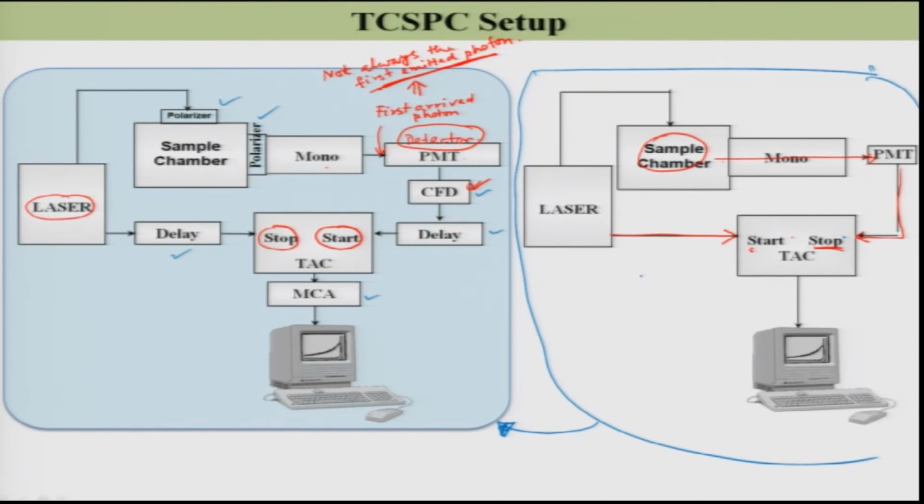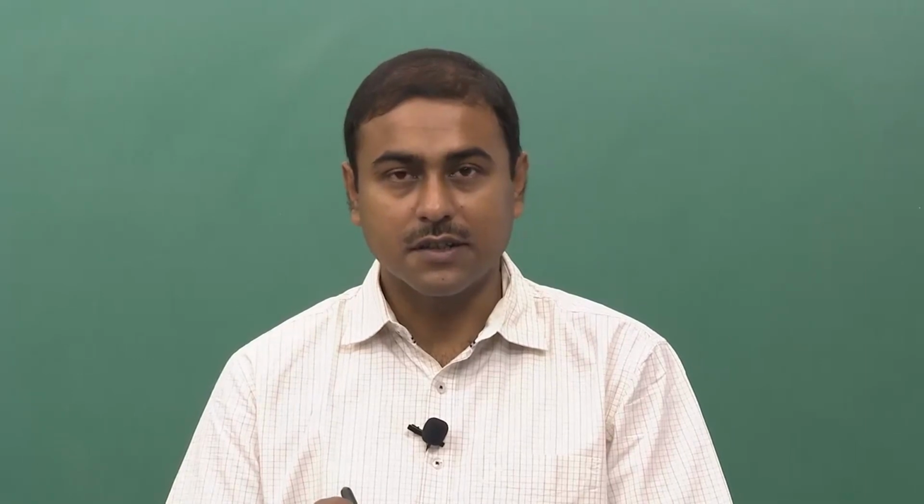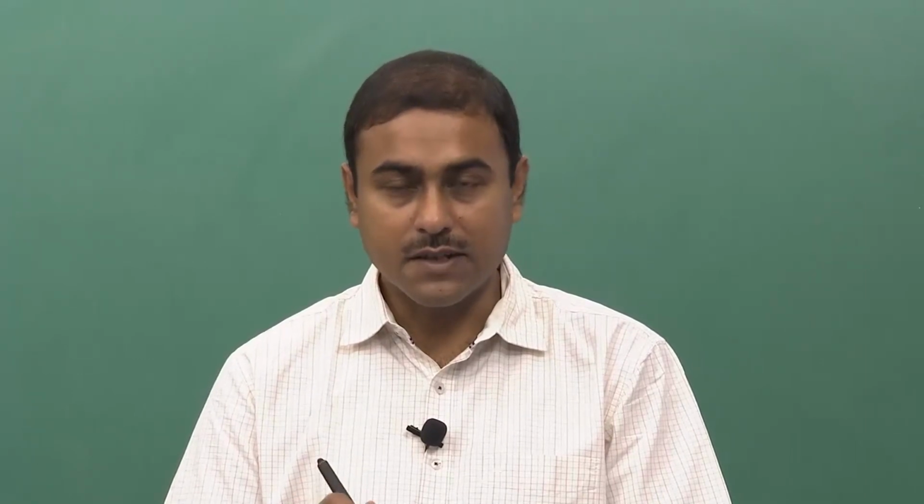Let me explain it. The reset time of this TAC is about a millisecond, and I said that the detection rate must be very small, because I have to ensure that the first arrived photon is not always the first emitted photon from the sample. This is important.